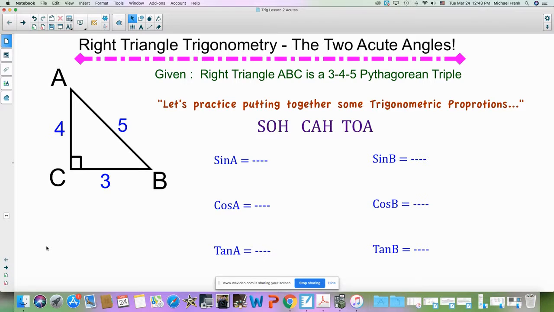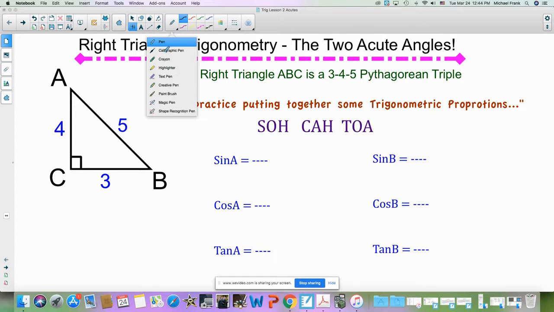So we're going to start by setting up some trigonometric proportions, and we're going to start by using angle A as our reference angle.